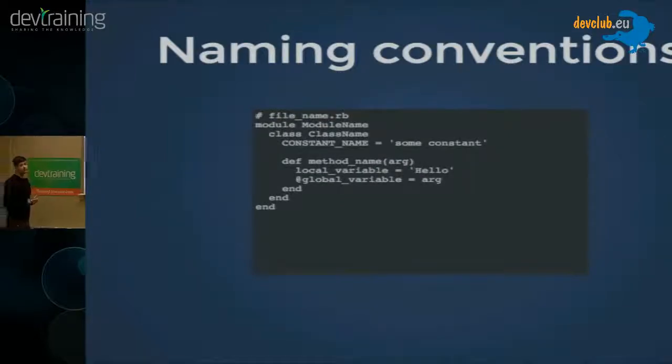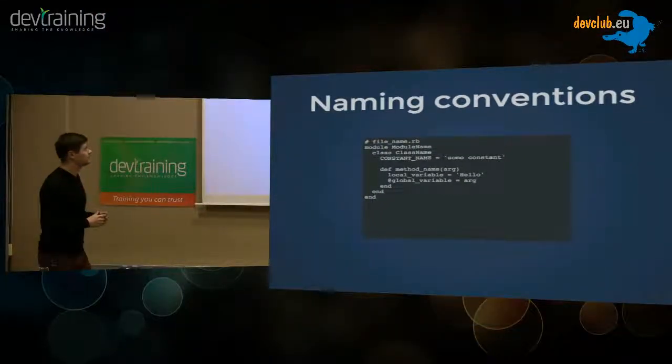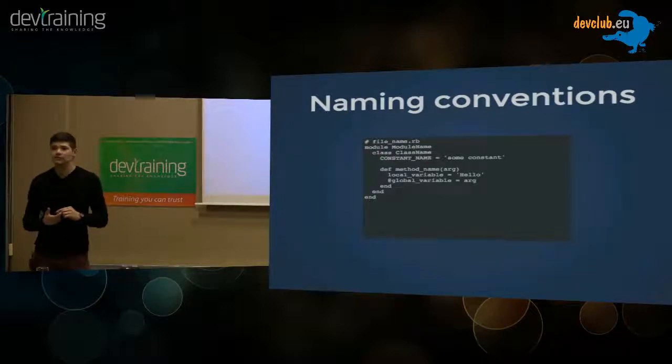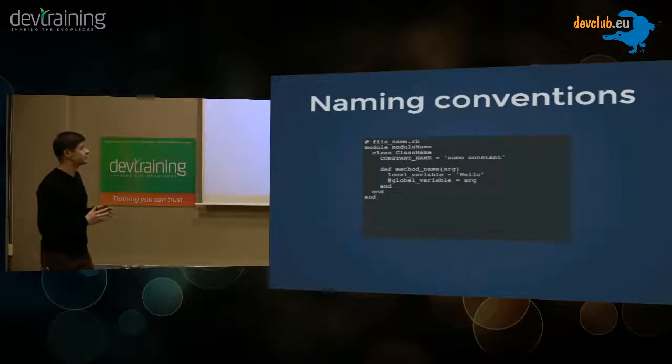Then also a little bit about naming conventions. You normally name files with lowercase underscore, and you name modules and classes in camel case style. If you have some constants, then you use uppercase underscore naming convention.